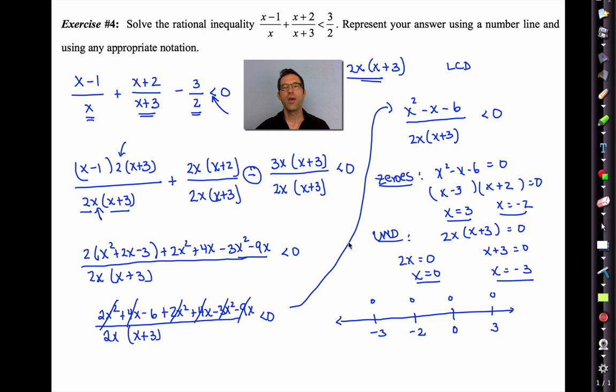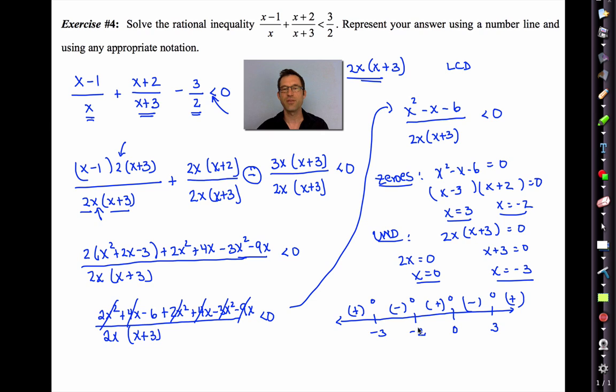Now, I'm kind of running out of space, and it's gotten to be sort of a long video, but we would continue to check all those values of x, and we'd find that we had a positive there, a negative there, a positive there, a negative there. In fact, all of these do end up alternating, and a positive there.